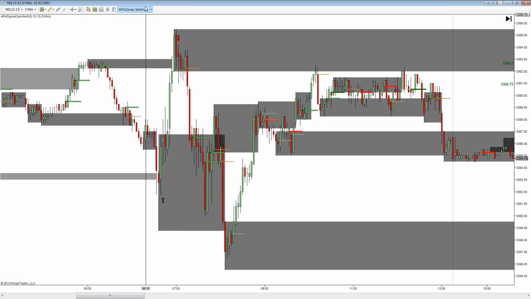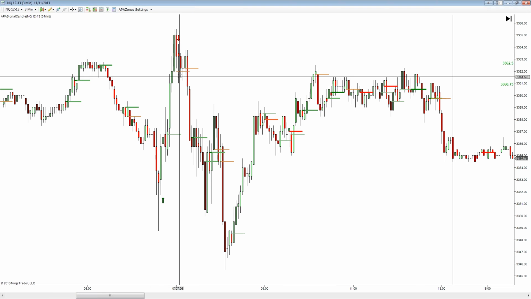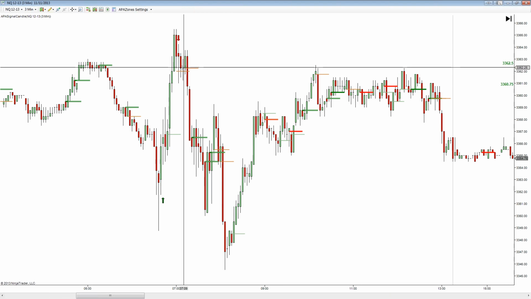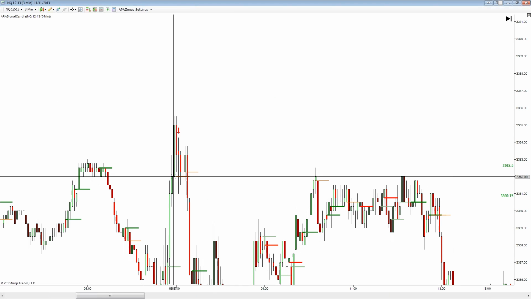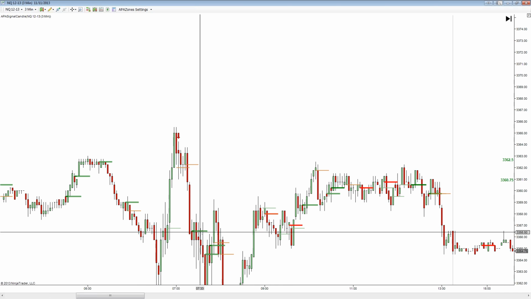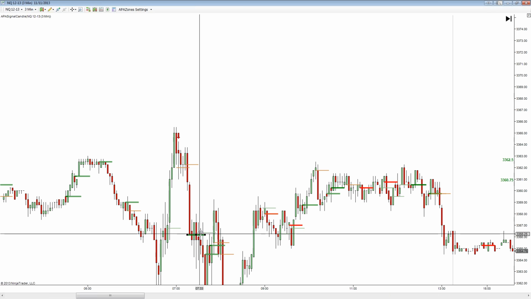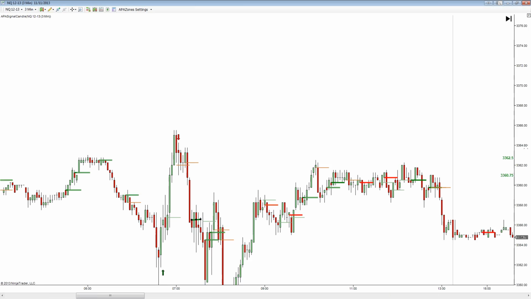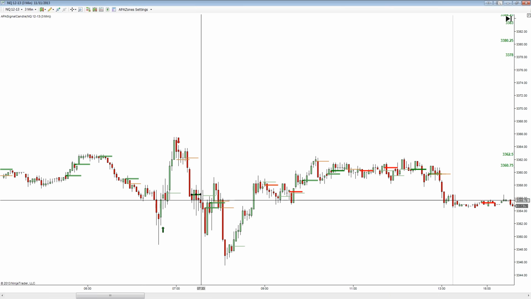Well, it turned into a high, but let's say that we had two signals short, and then obviously it fell down really hard and really fast, and if you wanted to get into it, you could have taken one of those because you felt like maybe price was reversing off of a bigger time frame zone, but there should be probably a short signal. Oh, no, it didn't fire. So I thought there might be a short signal somewhere right in there too, but it was not there. So that's just the way that it goes.